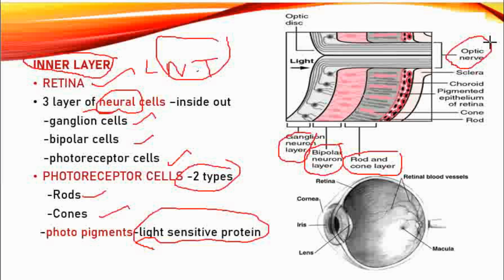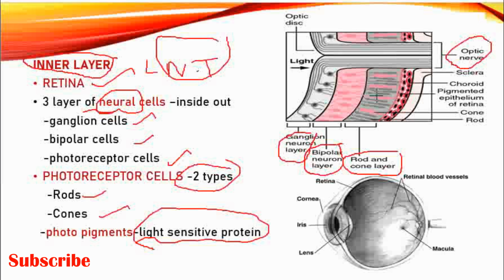Coming to the bipolar cell, what is a bipolar cell? It is present between the photoreceptors, that is the rods and cones, and the ganglion cell. It acts directly or indirectly to transmit signals. Since it is a neural layer, it transmits signals from the photoreceptors to the ganglion cells. That is the function of a bipolar cell.